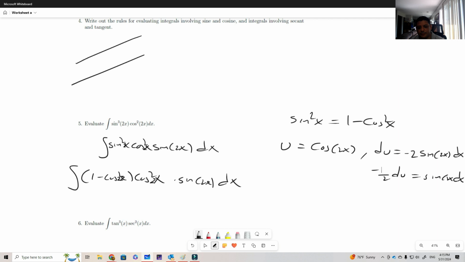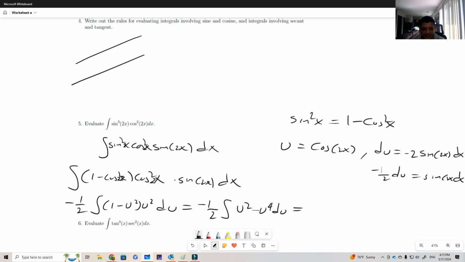Okay? And so thanks to that, this integral is going to be minus 1/2 times the integral of 1 minus u squared times u squared du. And so this is like u squared minus u to the 4th.